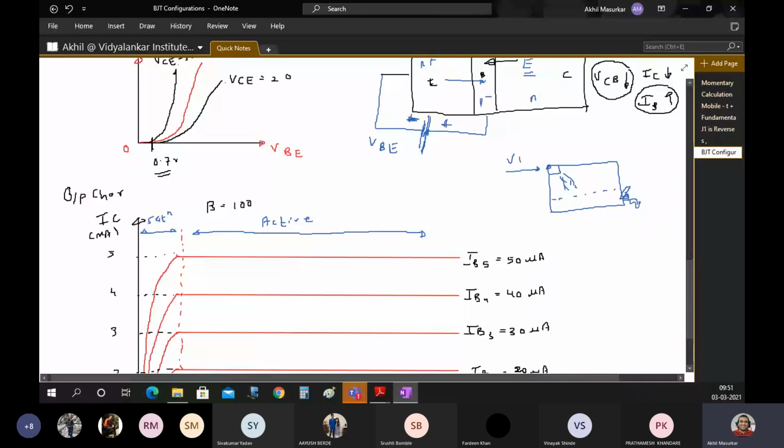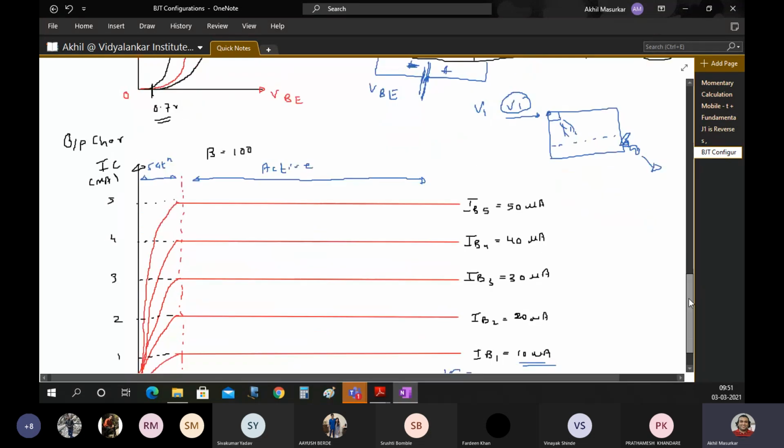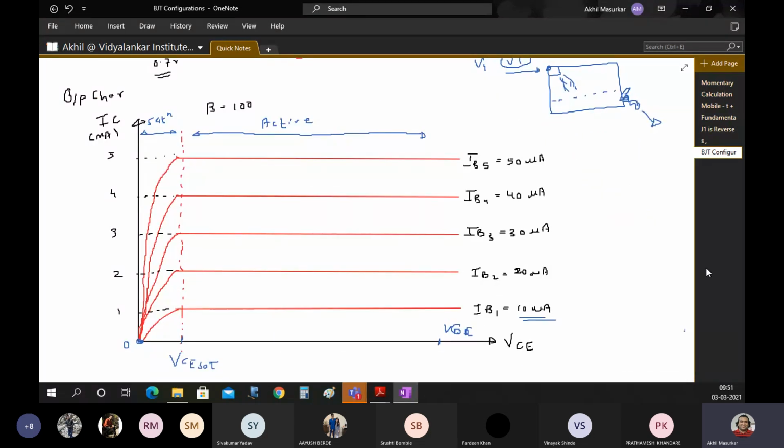So even if I open the tap full, that is maximum velocity, I can never get water out from this tap more than V1. It will be maximum V1 only.